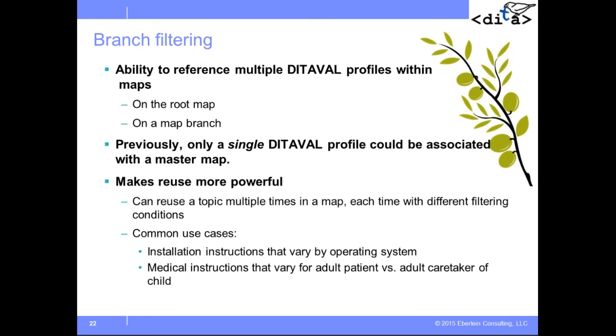In 1.2, you're really restricted to having one set of filtering conditions per root map, per publication. And with branch filtering, you've got the ability to apply multiple sets of conditional processing profiles to a particular map. You can apply them to the root map or to different branches within the map. And this really just makes reuse, again, much more powerful.